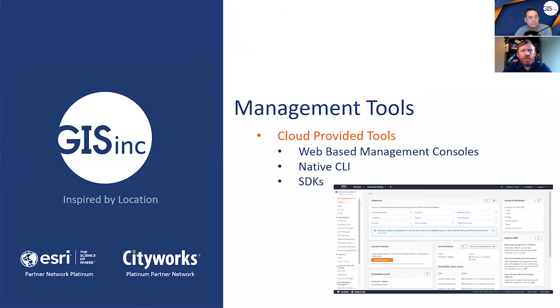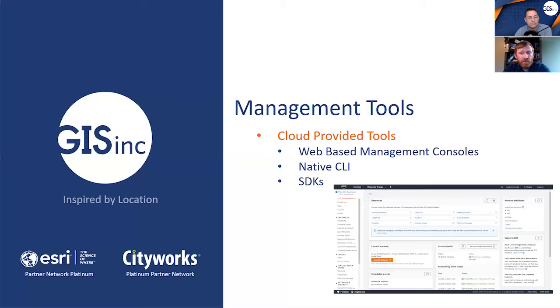Let's start off with the cloud provider options. First, there's web-based management consoles, and these are consoles that can be accessed through the browser, and they allow you to control cloud services to build out those environments and build users and those sorts of things. Then you have native CLIs. These would be locally installed tools that provide control of the cloud services from a command line.